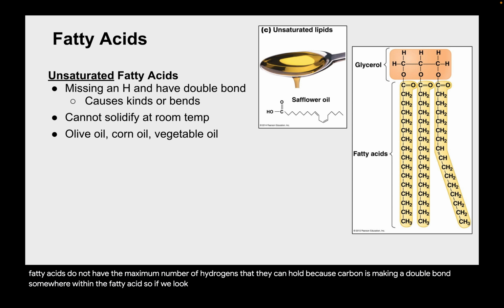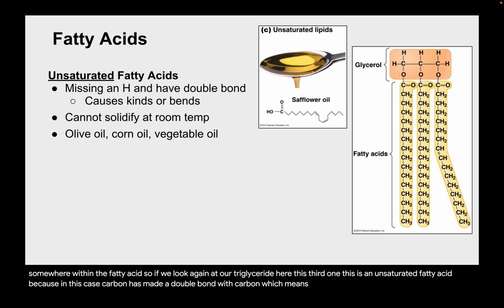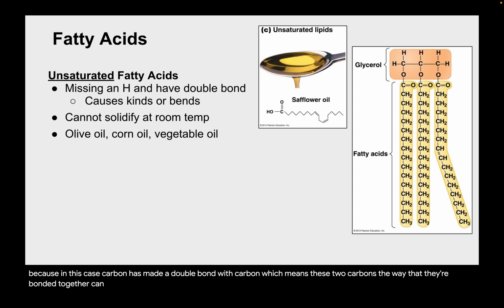If we look again at our triglyceride, this third one is an unsaturated fatty acid because carbon has made a double bond with carbon, which means these two carbons can only hold one hydrogen each instead of the usual two each. So there was a possibility for it to be saturated, but because of that double bond, it's unsaturated.